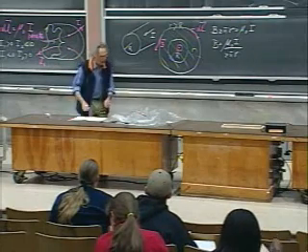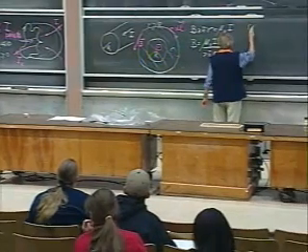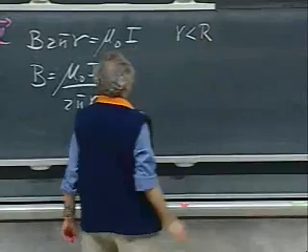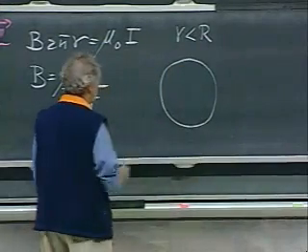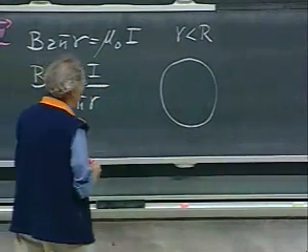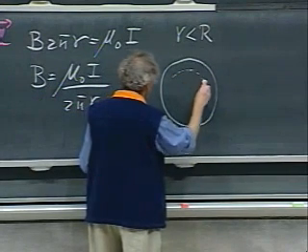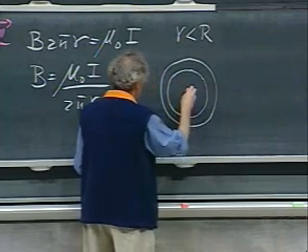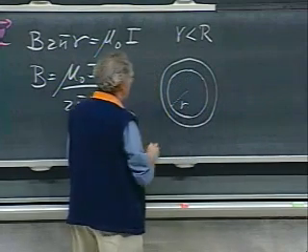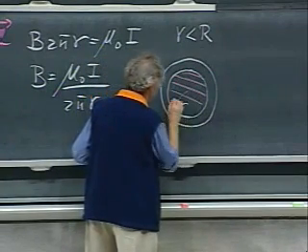But now we have a way of finding the magnetic field also inside the wire. So here we have now the wire again, the cross-section, current coming out of the blackboard. And now I want a radius which is smaller than capital R. And of course, my closed path, again for reasons of symmetry, is going to be a circle with radius r. And my surface that I attach is a flat surface.